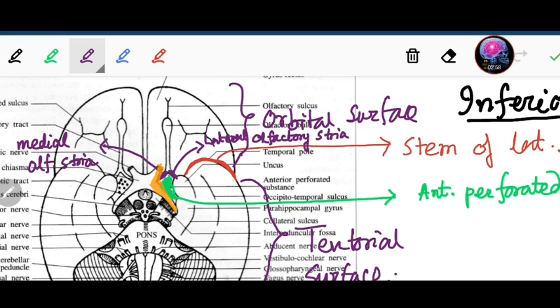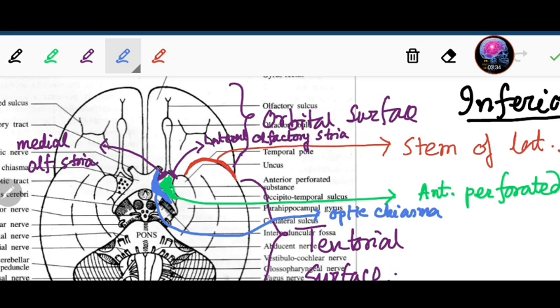Medially it is bound by the optic chiasma. This is the optic chiasma. And posterolaterally it is bound by the uncus of the temporal lobe.